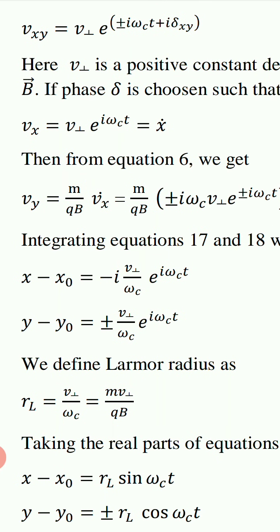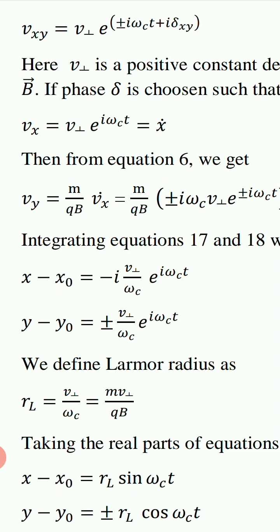We write only delta equal to 0. We choose delta such that for Vx this delta is 0. So Vx is V perpendicular e to the power plus minus i omega c t, and Vy is equal to m upon qB Vx dot. So the value of Vx dot is put by differentiating Vx with respect to t.